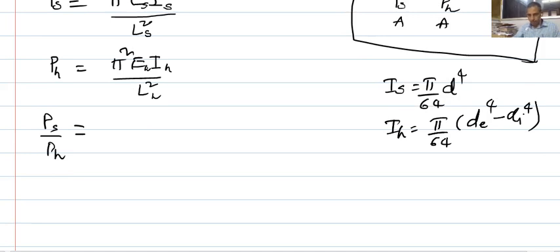So, now how to get this is what you need to be concerned about, okay. Now, pi by 64 keep as it is. Now, d e, external diameter, is 2/3 of internal diameter, right.